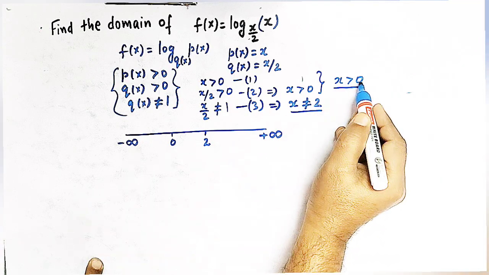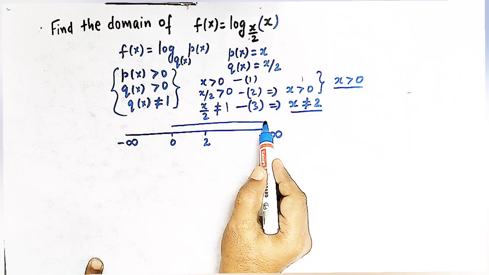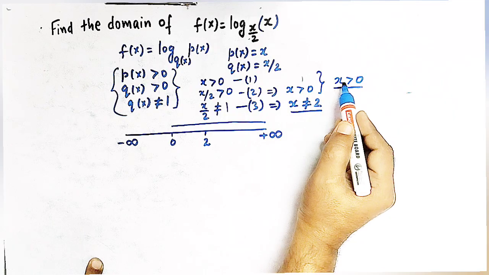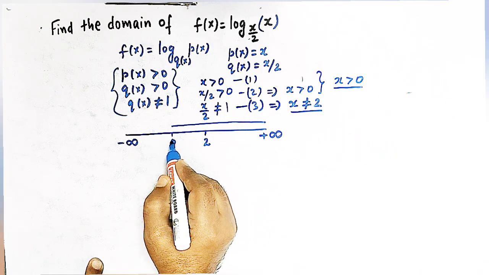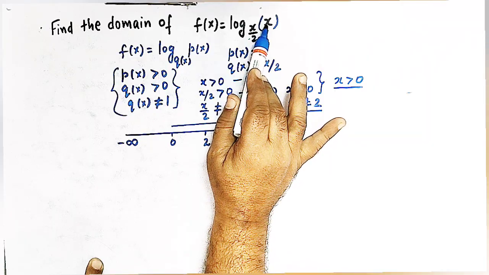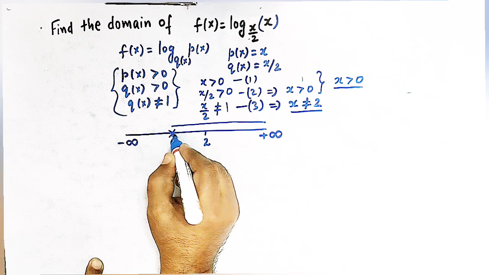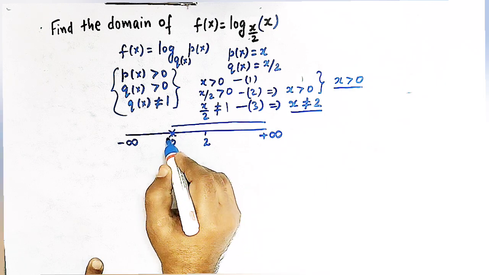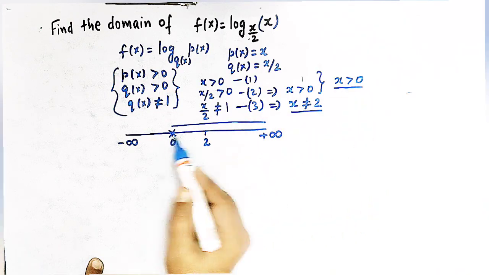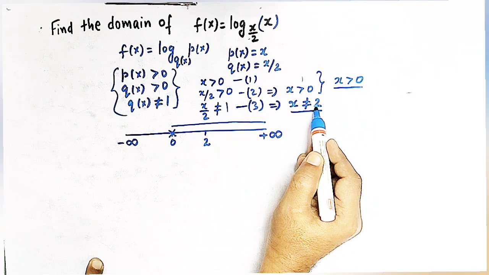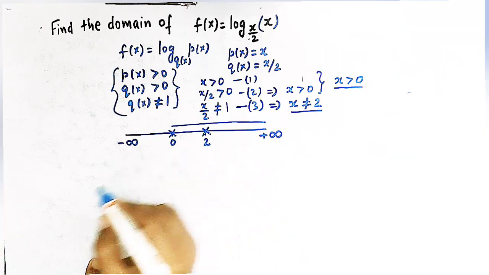So x greater than 0 is given by this region, with all the positive values of x except x equal to 0. We cannot have x equal to 0, so we draw a cross, which implies that x is not equal to 0, and here x should not be equal to 2. So we do not have x equal to 2.